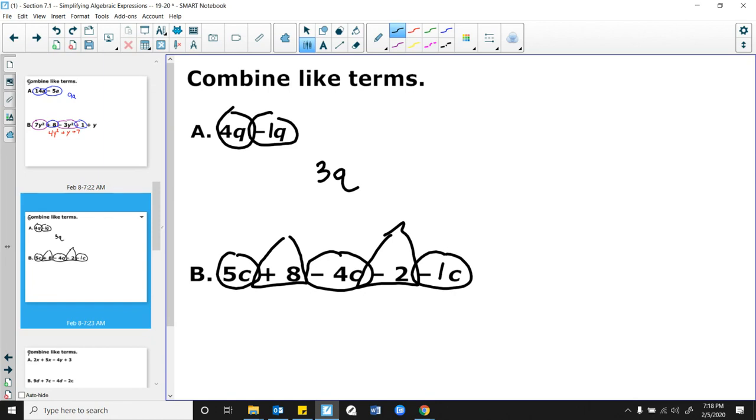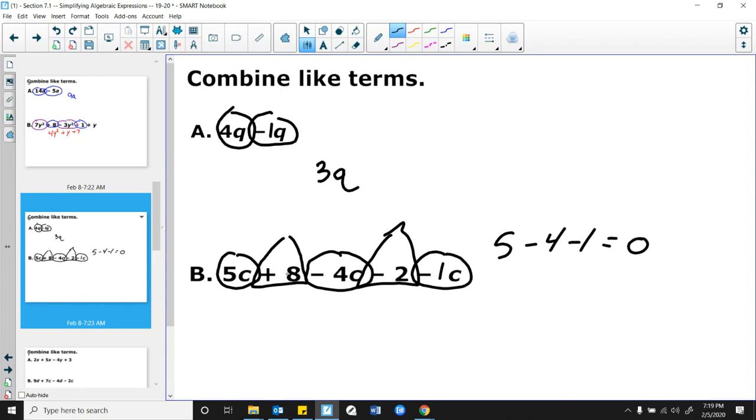Now, you don't need to use your calculator, but if it's what you need to do, go ahead. 5c minus 4 is going to get me 1c, and then I have a 1c combining with a negative 1. Okay, 5 minus 4 minus 1 is going to completely cancel out and equal 0. So those all cancel out.